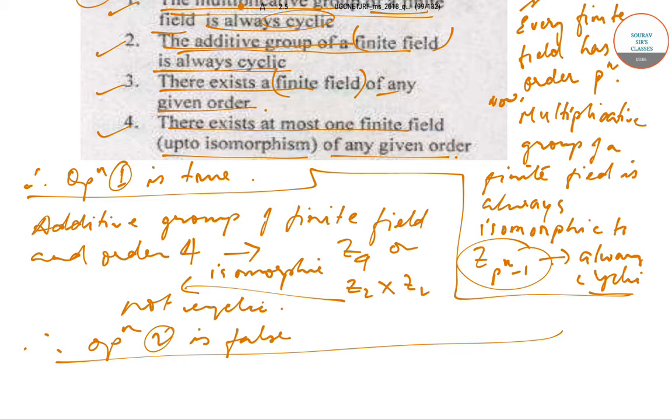Let us shift to option 3. Option 3 is that there exists a finite field of any order. Now the orders are of the form p to the power n. Now this p is basically a prime number.